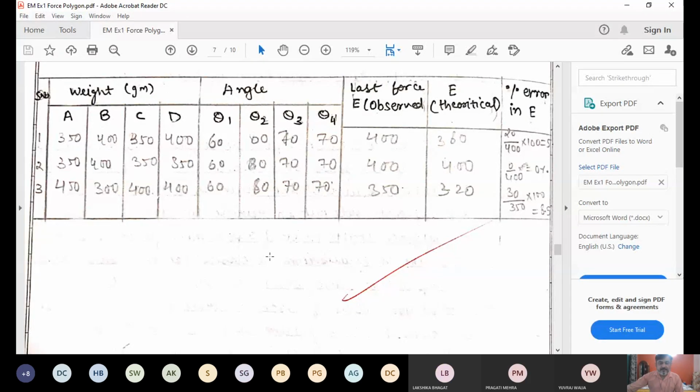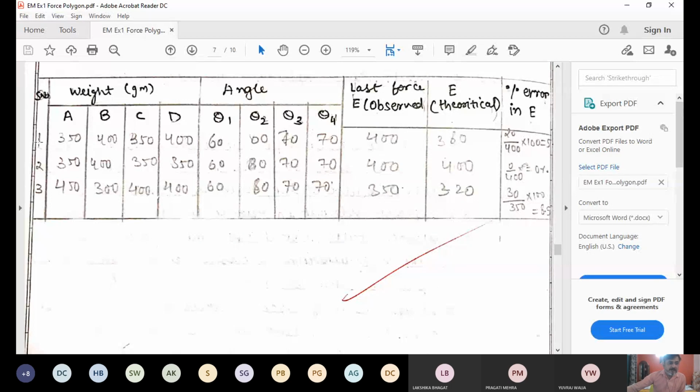Can you see it? Yes, sir. This is the observation table, and the ABCD. You have to measure it. There is repetition of this experiment three times.